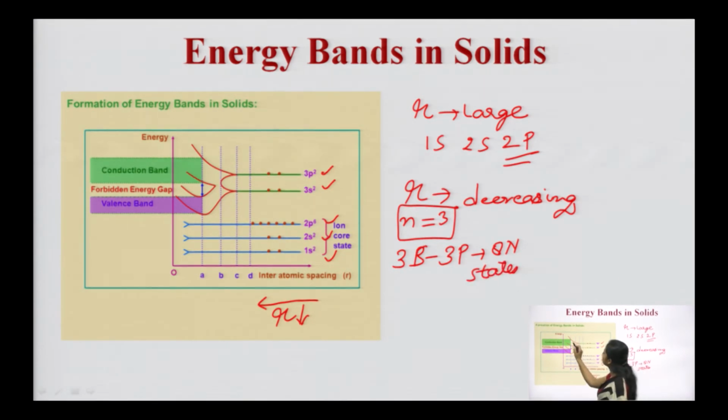Splitting occurs and they will form bands. The upper band formed is known as the conduction band, and the lower band which is formed is known as the valence band, and the gap between these 2 bands is known as the forbidden energy gap, which is represented as E_G. What will happen actually when electrons move?